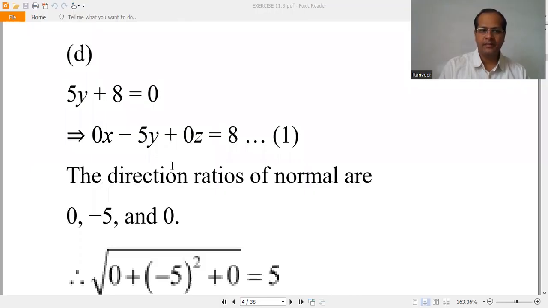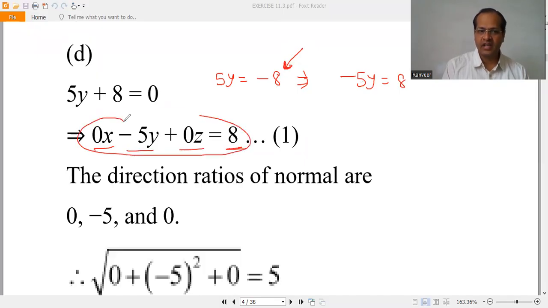Question number D, 5y. First of all, when we write this, we will write minus 8. Always remember one thing, D will never be negative. So first we have to make this positive. So we can write minus 5y equal to 8. Now the x and z coefficients are 0. So 0x minus 5y plus 0z equal to 8. This is a very important step.